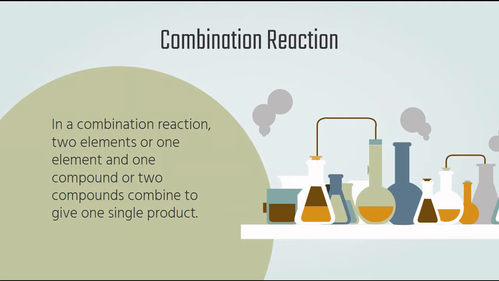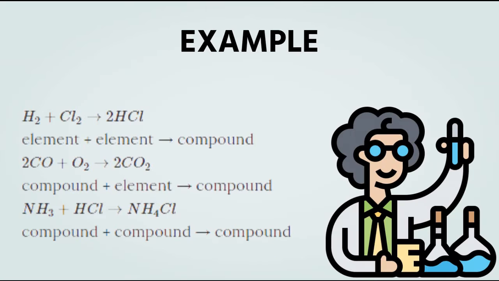In here, we have two elements or only one element on the left hand side, but when it comes to the right hand side, it is always one element. It gives one single product. So for your better understanding, let's see some examples. We have H2 plus Cl2 on the left hand side, that is one element plus another element turns into 2HCl, the compound.